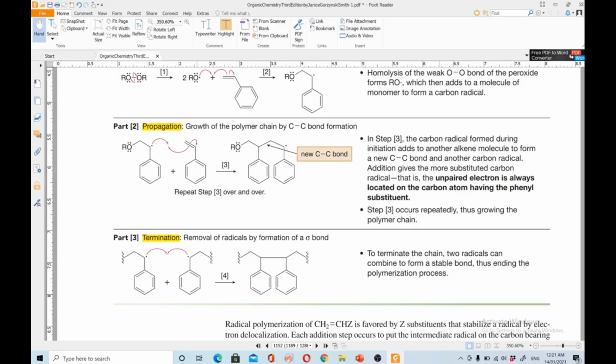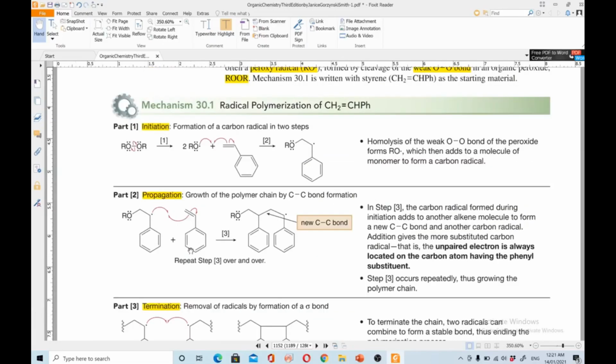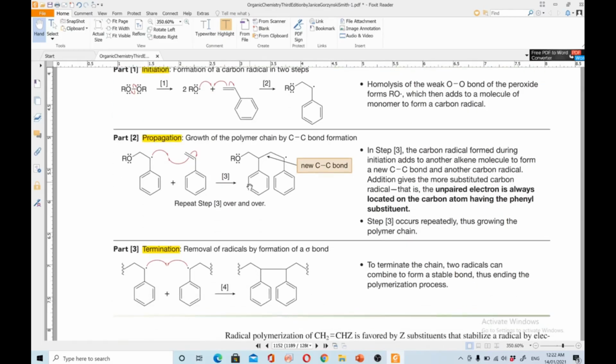To terminate the chain, two radicals can combine to form a stable bond, thus ending the polymerization process. So this is the mechanism. These are the steps involved in radical polymerization, and it starts with the formation of a radical, and then that radical adds across the double bond of alkenes.